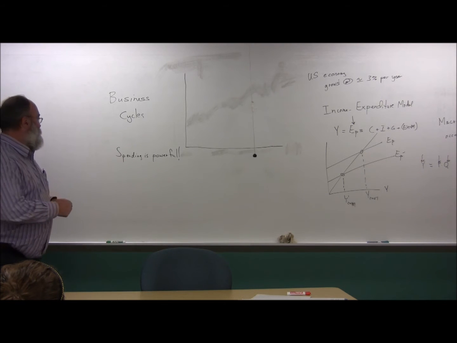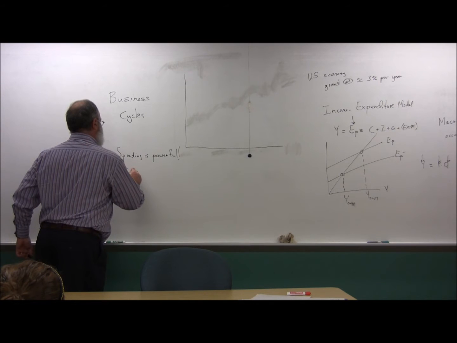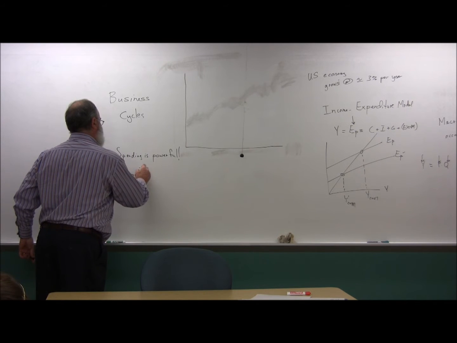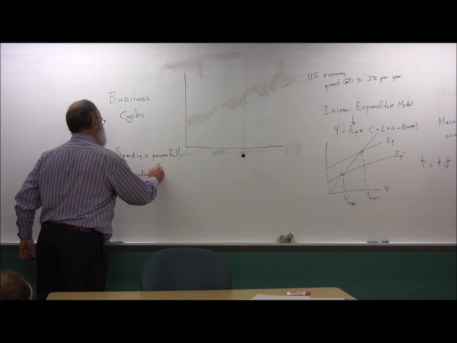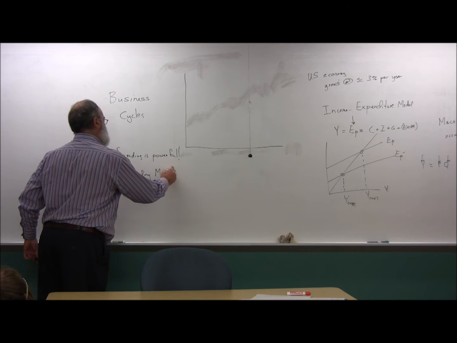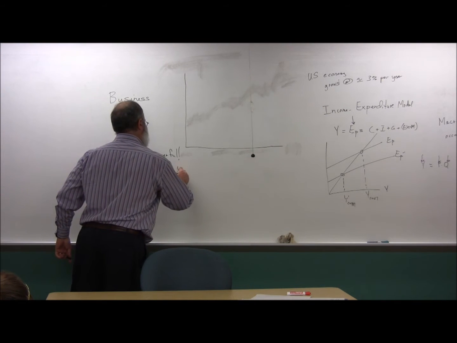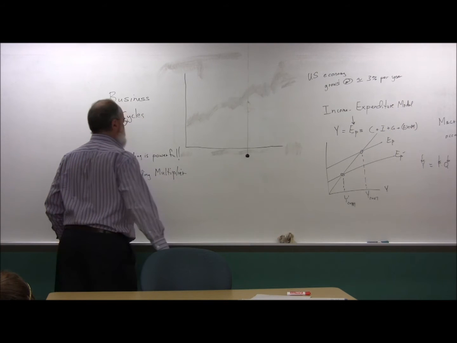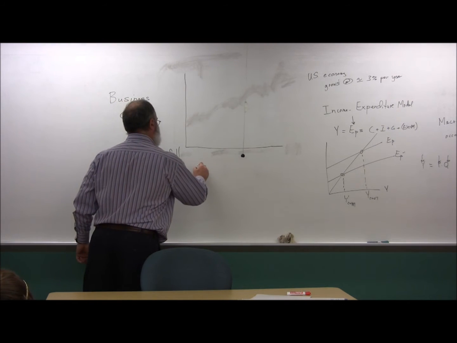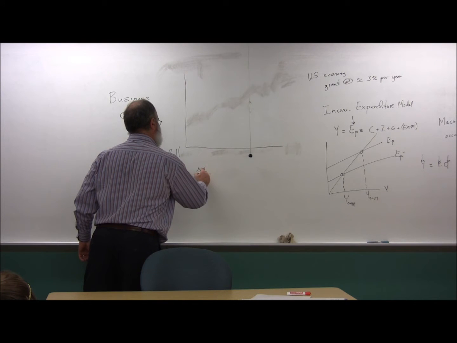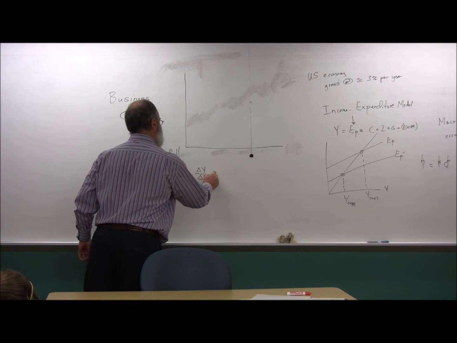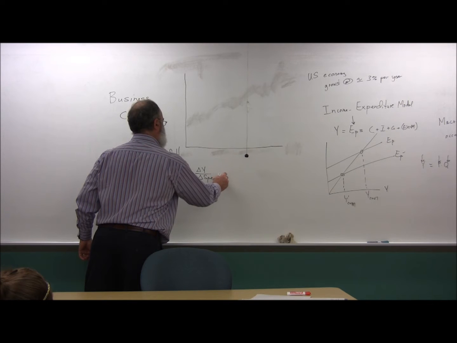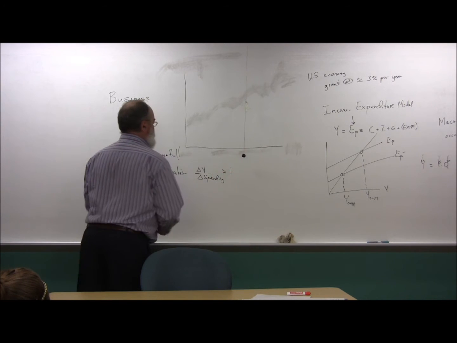This idea is called the spending multiplier. Okay, spending multiplier: change in GDP divided by the change in spending is greater than 1. Okay?